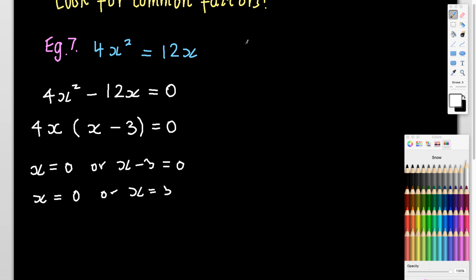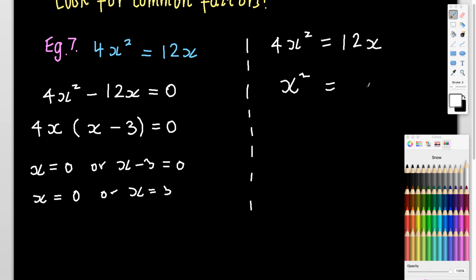Now, alternatively, you can actually divide both sides by 4 to begin with, once you notice that common factor. So what I mean by that is, as you can see, if I've got a common factor on both of these coefficients, if I divide both sides by 4, I'm actually left with x squared equals 3x. So what I've done is divided that by 4, divided that by 4.